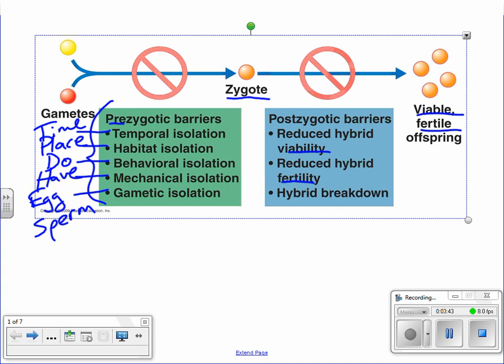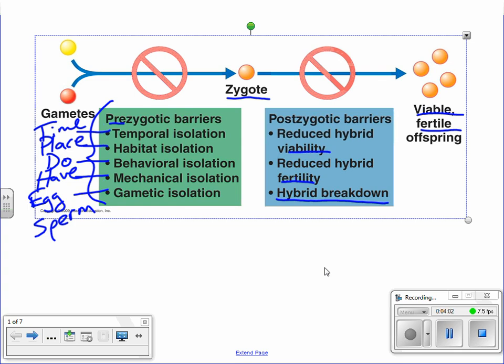Last bit here is hybrid breakdown, and hybrid breakdown refers to when you have your offspring, it's viable, it can mate, however the zygotes it fertilizes, the zygotes that it helps create, don't actually make it to completion. They don't actually get born.